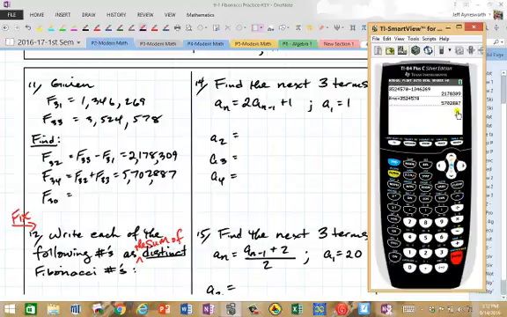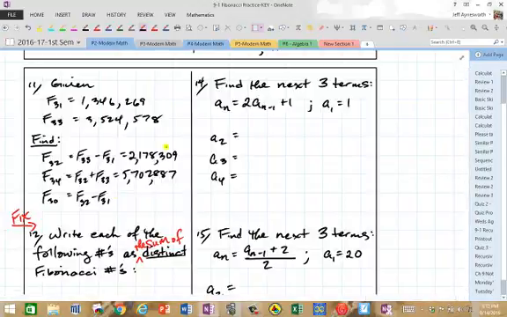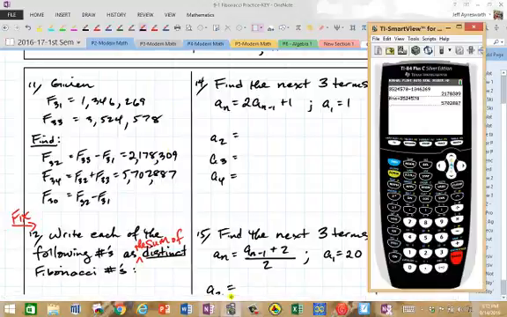Now the 30th number. So what's that? Well, that's F32 minus F31. All right, so let's write that out. 2,178,309.